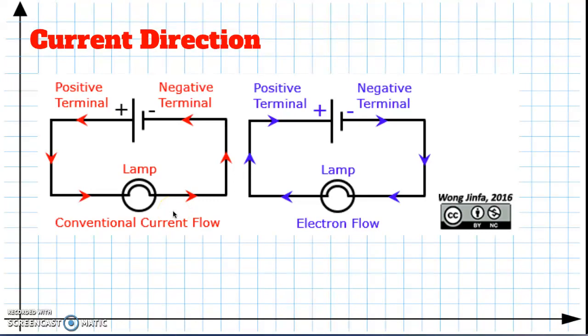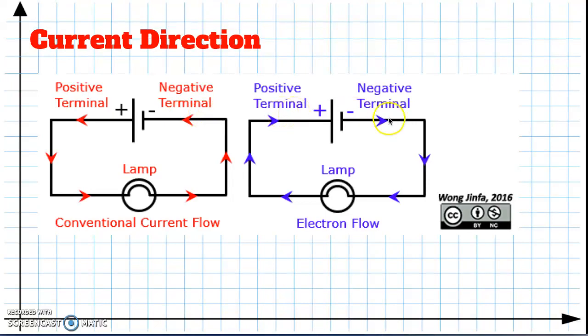The only problem is we now know that positive charges don't flow. It's actually the electrons leaving the negative terminal, which move around the circuit in this direction, and we call that the electron current. So the conventional current, or just the current, is the direction positive charges would flow if positive charges flowed. But they don't.